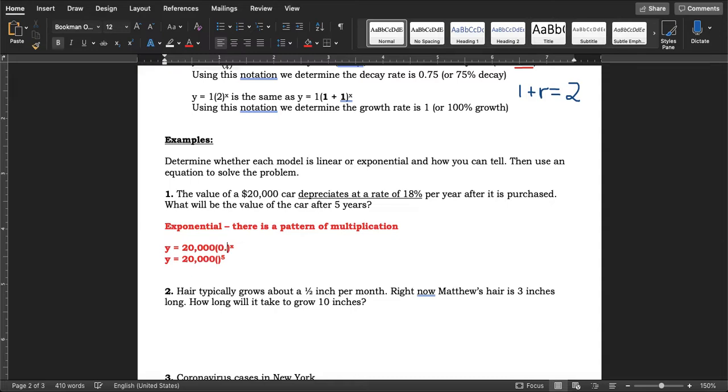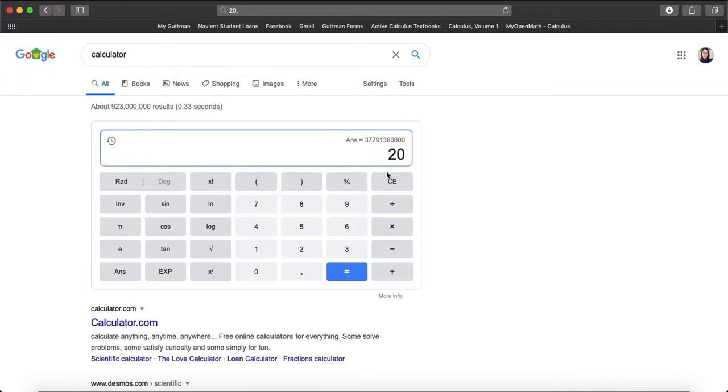Let's say you tried plugging in 0.18. So let's say you assumed that was the equation and you calculated the value of the car after 5 years. What's wrong with that is you're going to end up with an unusually small number.